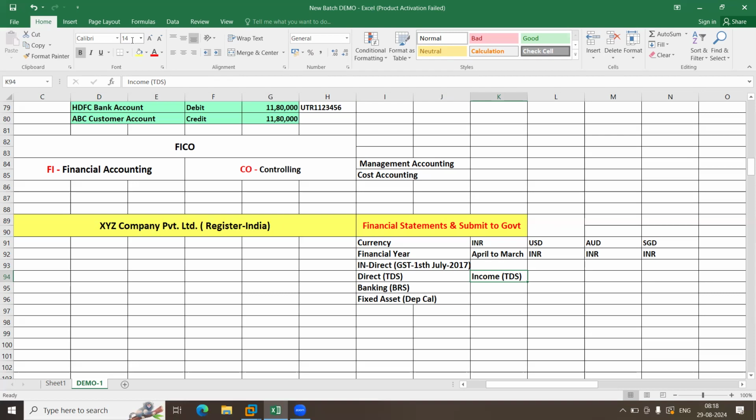No deduction, no TDS. But this is for Indian citizens, right? He has a PAN number for India and he is getting the money in his Indian bank account. So he needs to pay tax to the Indian government.